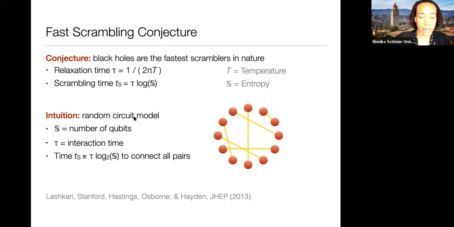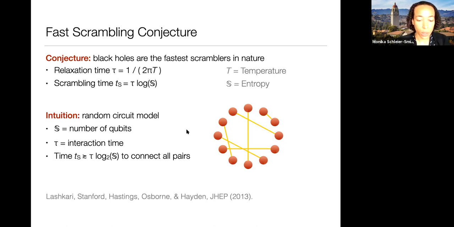One nice intuition for this comes from a random circuit model, where instead of 1 over the temperature being my characteristic timescale, it would be the gate time, if I'm doing discrete gates.